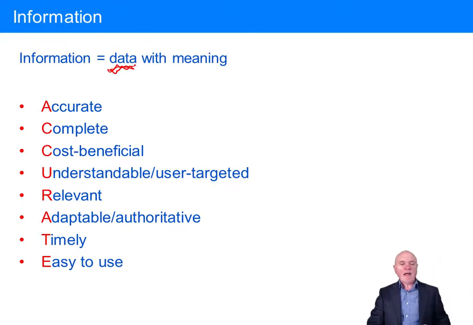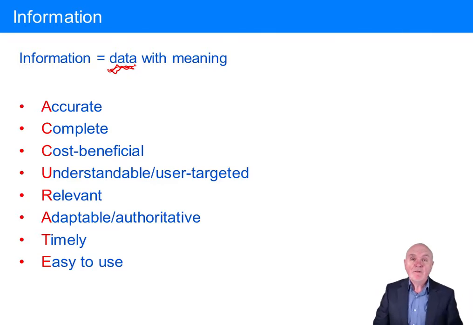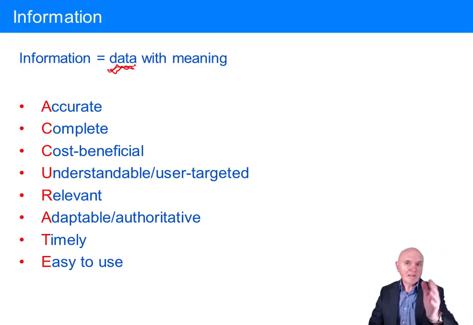So if you were looking at the heights of everyone in the city, this could simply be a great big list, several 100,000 people with all their heights.